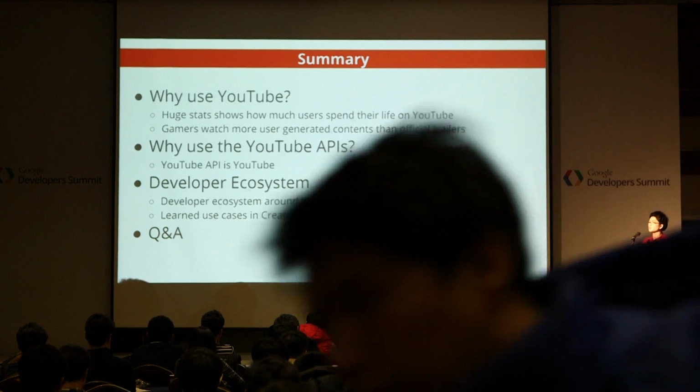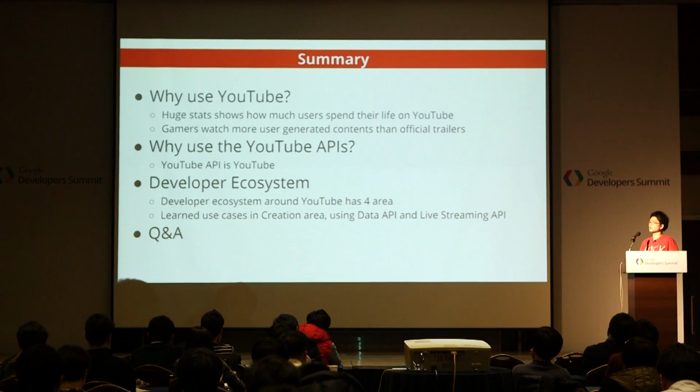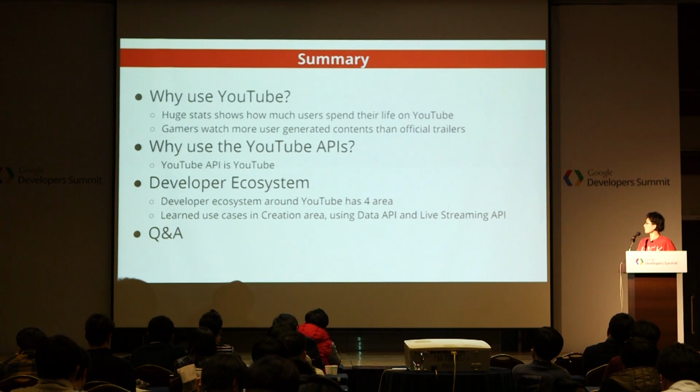So it's really important for developers to create systems that let users generate content. And the reason to use the YouTube APIs is that the YouTube API enables developers to utilize YouTube features outside of YouTube, meaning inside your application.